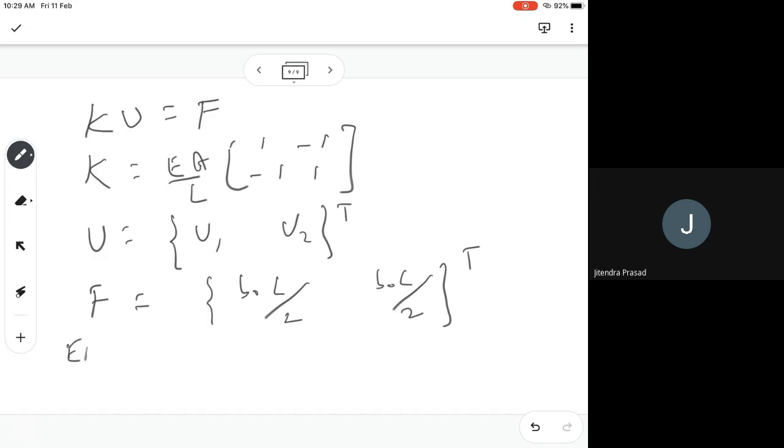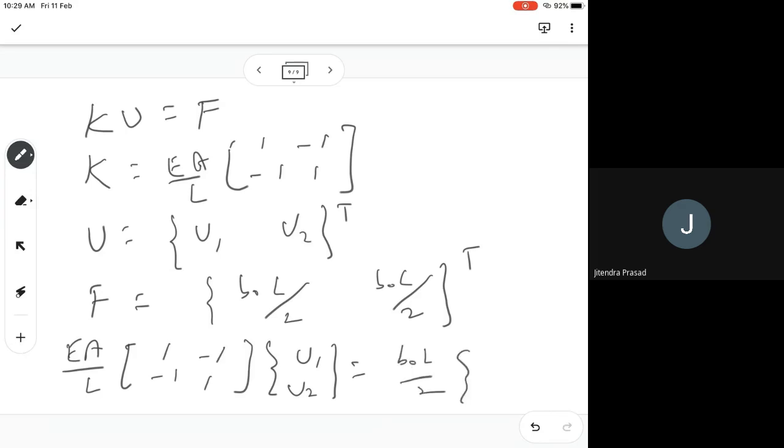So our equation is E over L, [1 -1; -1 1], U1, U2, is equal to B naught L over 2, [1 1]. This is the equation.